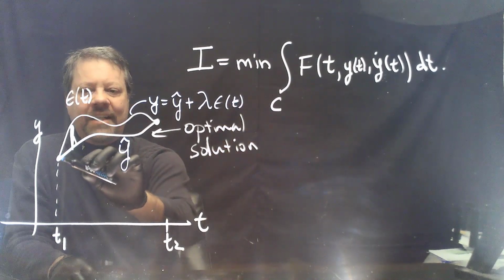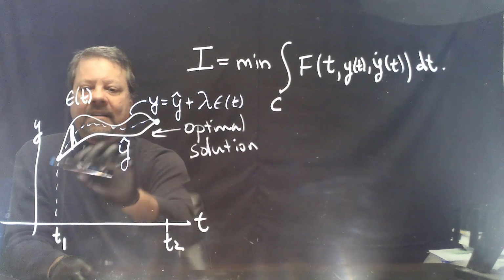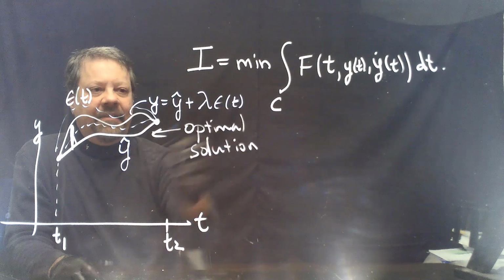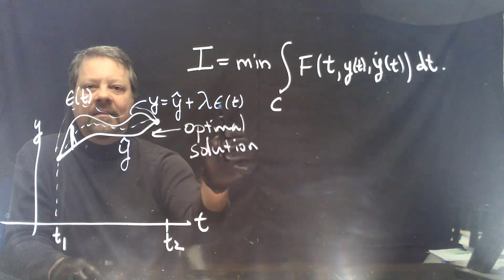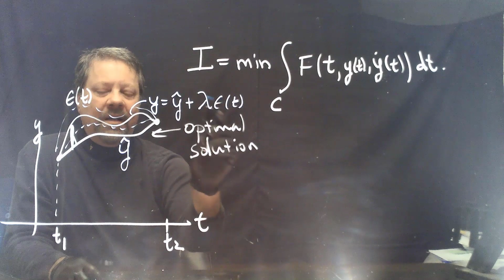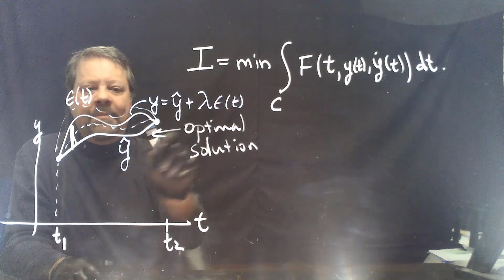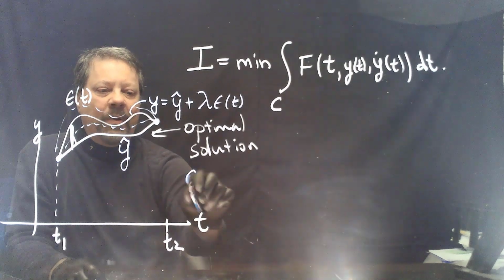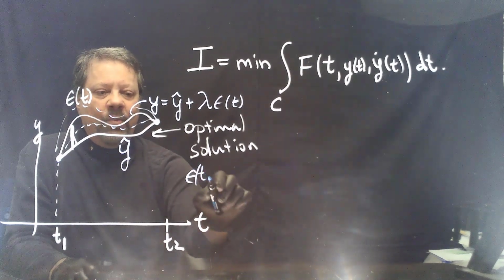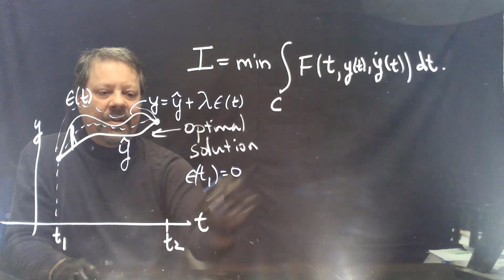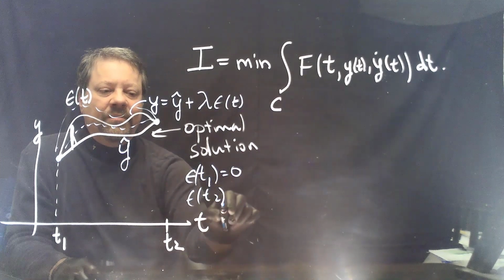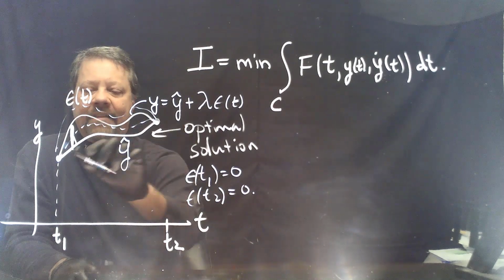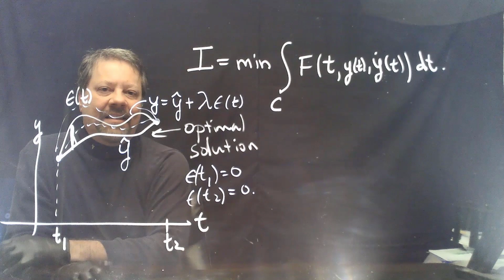By changing lambda, we can take paths that are in between these two, or perhaps even farther out, if lambda is bigger than 1. But one thing we must agree upon is that epsilon, this little deviation, must be 0 at the endpoints. Epsilon at t1 will be 0, and epsilon at t2 must also be 0, so that all of these paths begin and end at the same place.